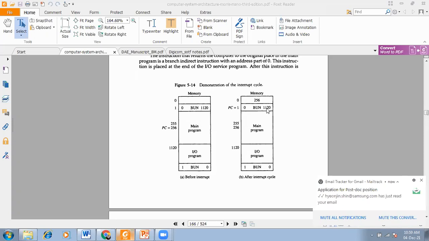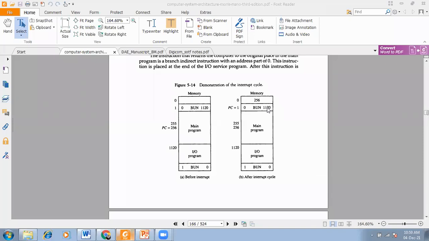If it is 1, then you don't move directly to 1120 location, because the data in 1120 location is the address of the operand, and you have to move to that location if it is 1. That is, you have to find the effective address over there. But here you need not calculate the effective address, because whatever is written here, 1120, is the effective address. So that's why your control will come out here at 1120.